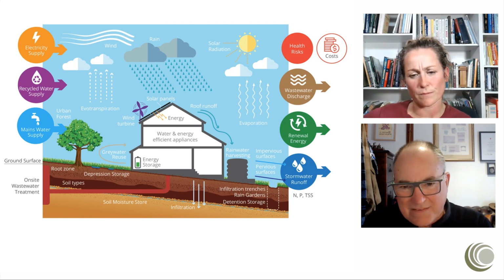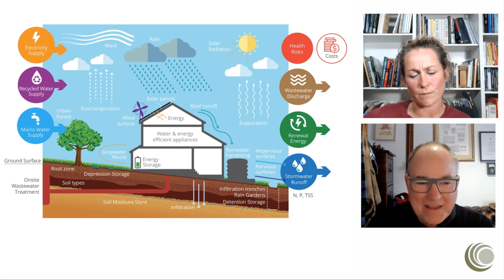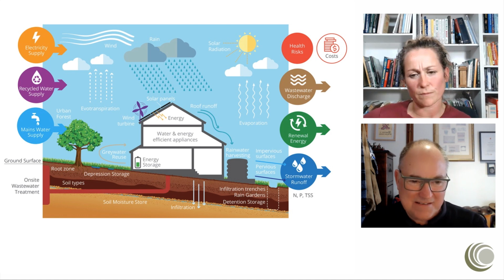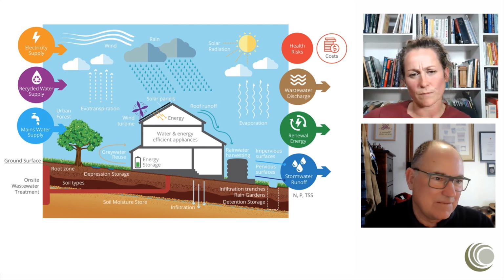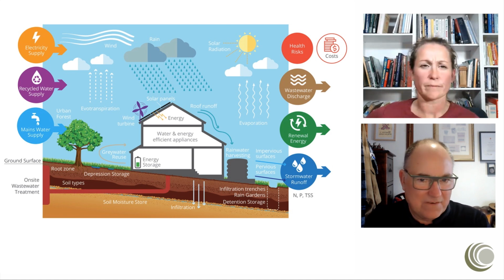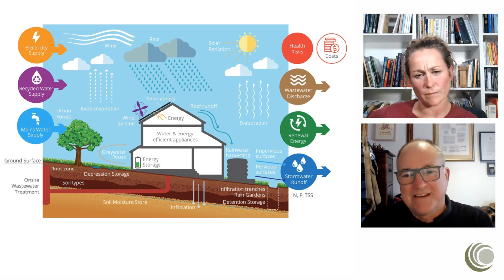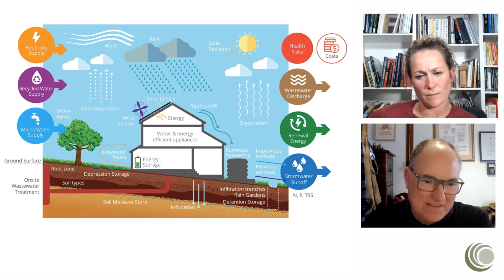But there are also, in this diagram, apologies, it's complex, but it is a system. There are mass balances of energy and behaviour. There's also the behaviour of the people in that house and on that property, which can be completely different depending on what's going on.